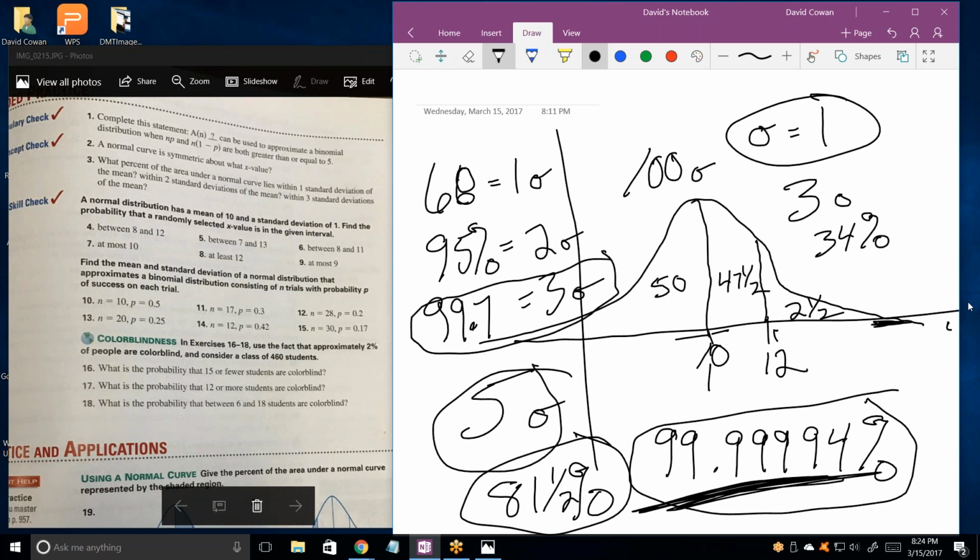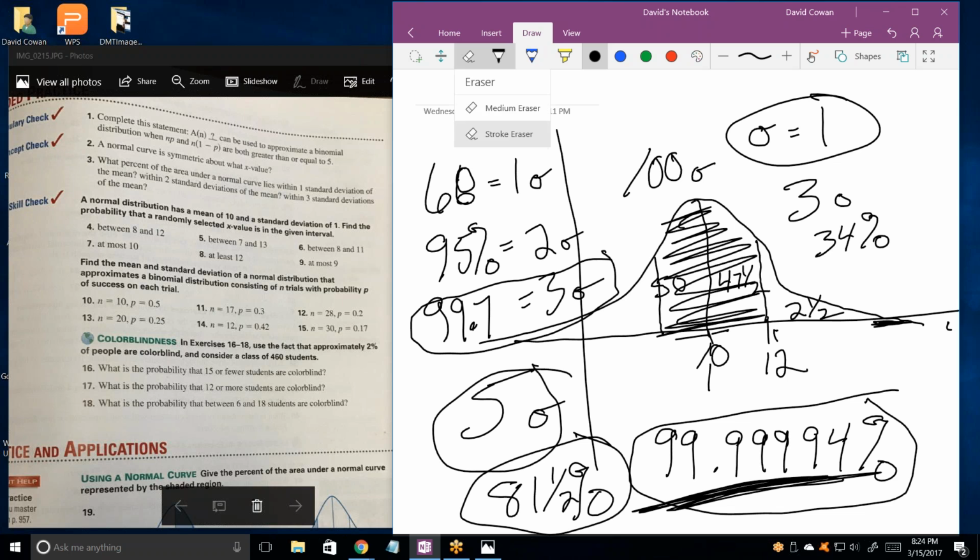So when you split it up and you're only going in one direction, you have to take half of these percentages. If I went 2 standard deviations in both directions, that whole area would be 95%. But that's not what I'm doing.